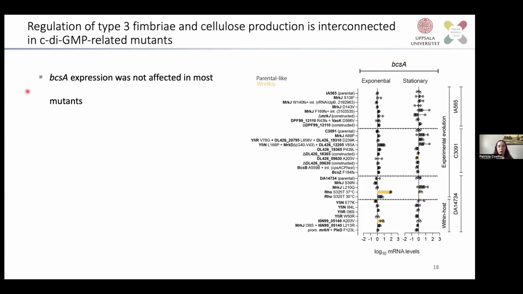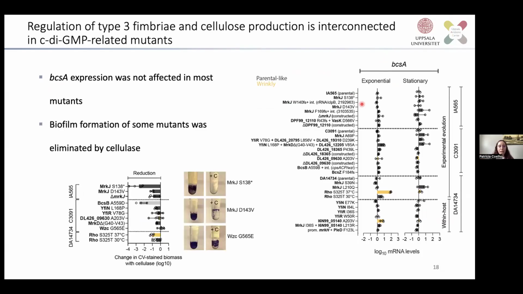by doing qPCR on the BCSA gene, and we didn't see a lot of changes in the expression of this gene for most mutants. Again, it was strain dependent and also background dependent, so dependent on the family that the mutant is derived from. However, if we treat these biofilms with cellulase, which is an enzyme that degrades cellulose, we see that some of these mutants are very sensitive to it, and the biofilm formed by these mutants is completely eradicated.